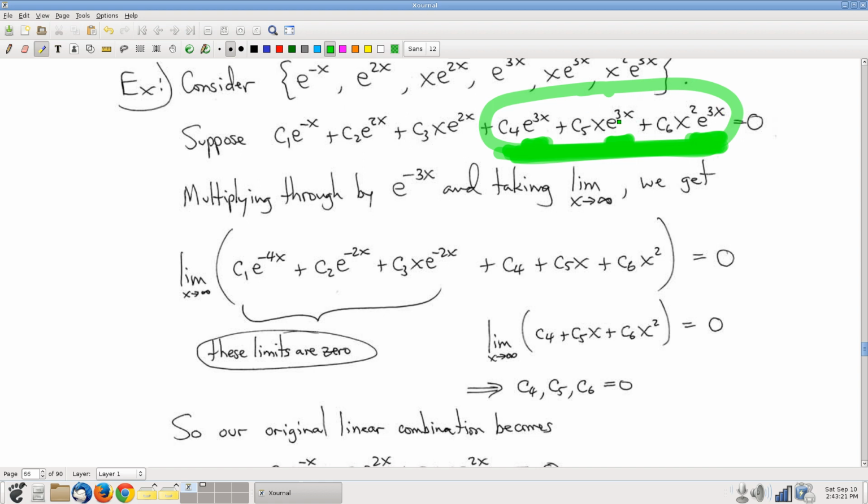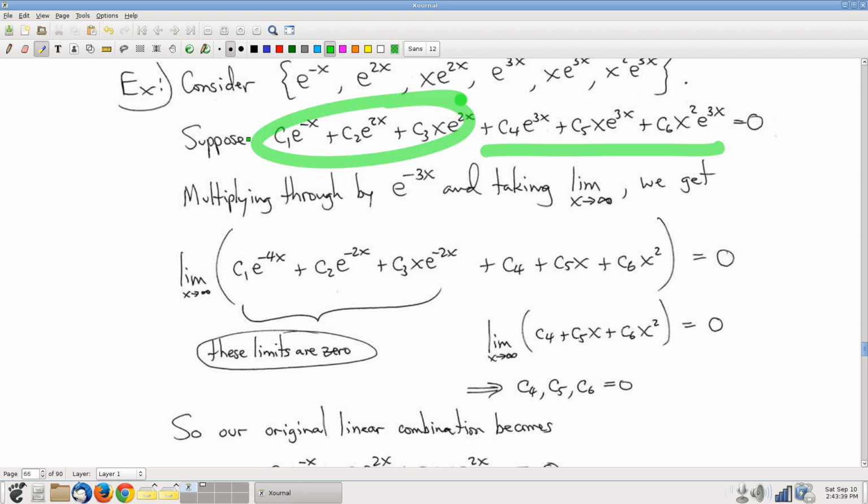That's the highest exponential in this equation. That's only e to the 2x. That's only e to the 2x. That's e to the -x. That's not even close. So therefore, these 3 terms are doing something that these terms couldn't possibly match. These terms are simply growing faster than these possibly could.